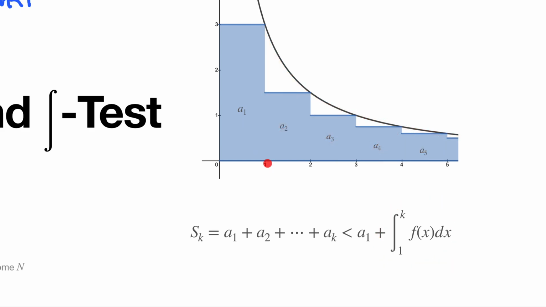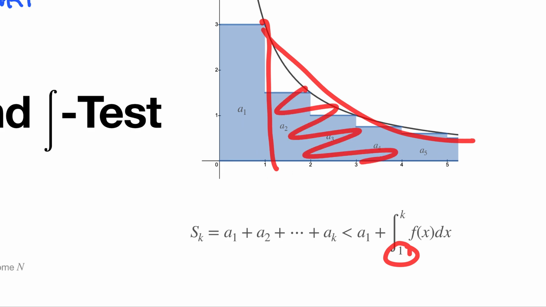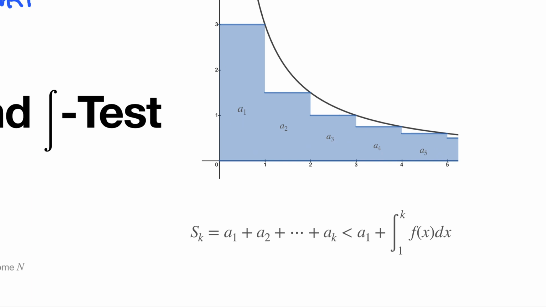Notice that if we take our heights and pull to the left to get a box, starting our integral at 1 would leave off the very first box. So adding it in, we're then able to say that this quantity is larger than the sum of the boxes, and we can identify the sum of the boxes as the kth partial sum.